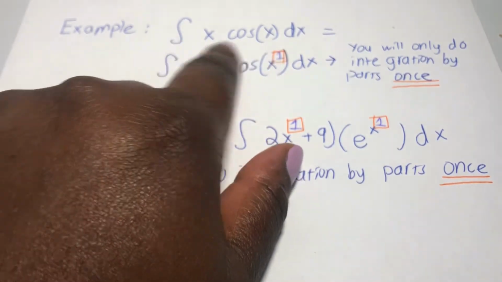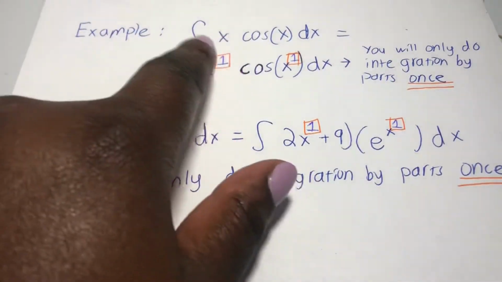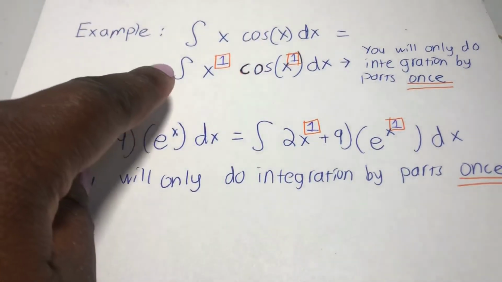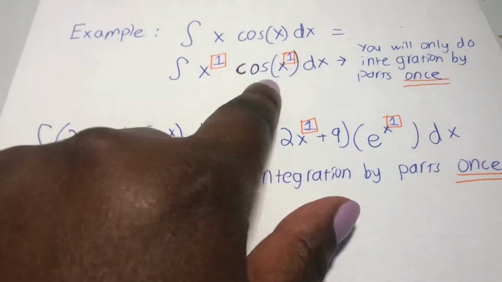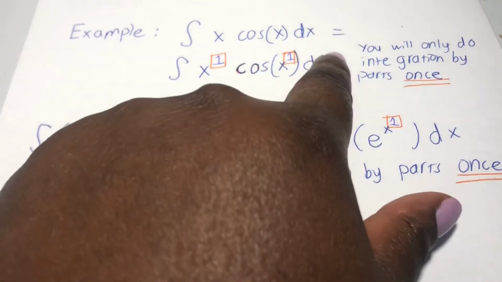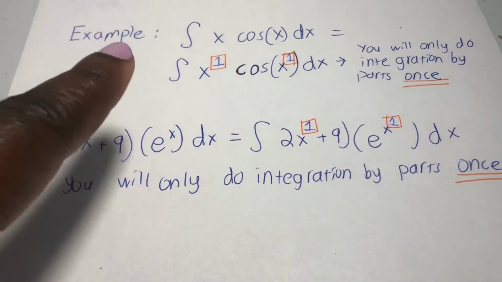We only had to do this integration by parts once in this example because every single x is raised to the power of 1. So you only did the integration by parts once. There was no repetition. You only did it once and it was done.